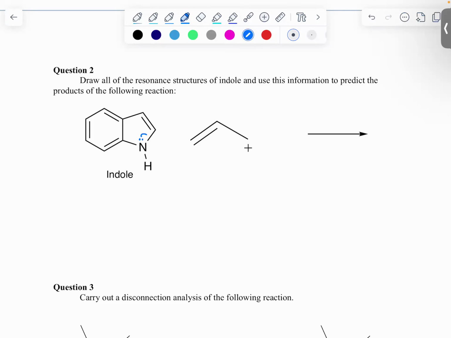And we can start pushing our electrons around. We'll have a positive charge on our nitrogen now, and a negative charge here. And so we'll continue to push these around. We can now push them around through the entirety of the ring. And we want to remember to keep our charges constant.